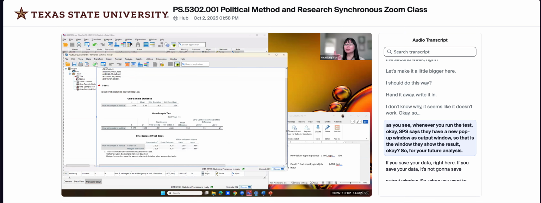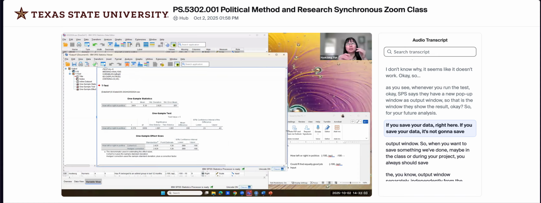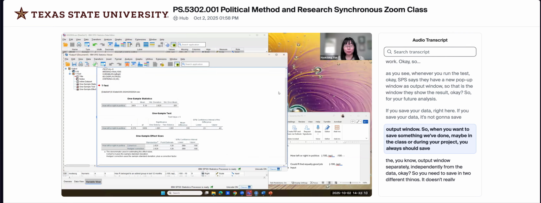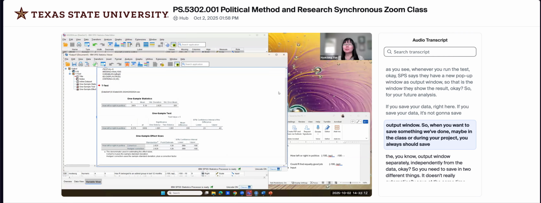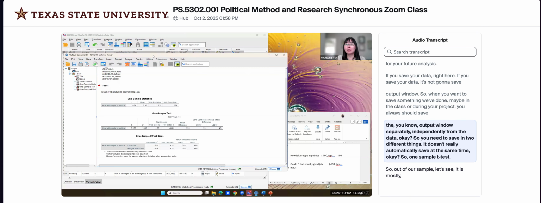That is the window that shows the result. For your future analysis, if you save your data right here, it's not going to save the output window. So when you want to save something we've done, maybe in class or during your project, you should always save the output window separately, independently from the data. You need to save two different things. It doesn't automatically save at the same time.